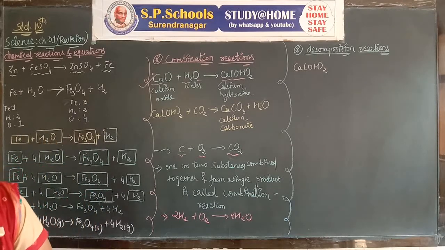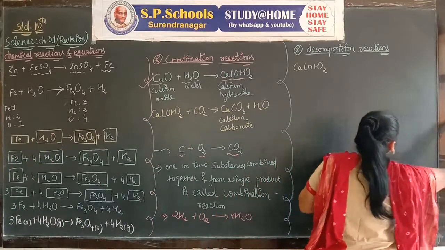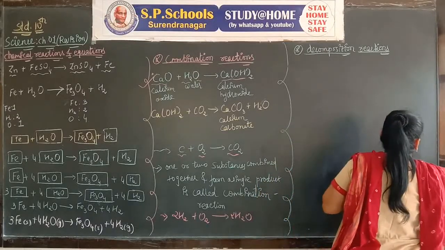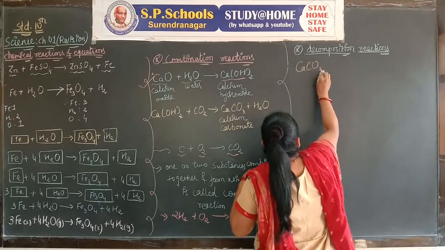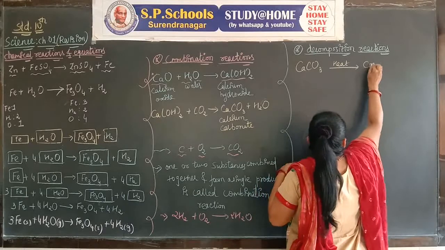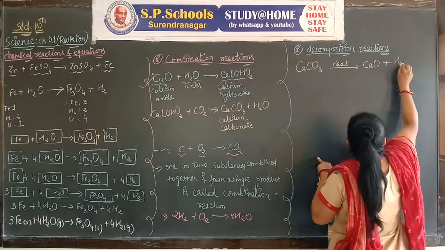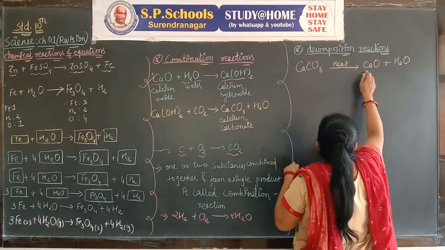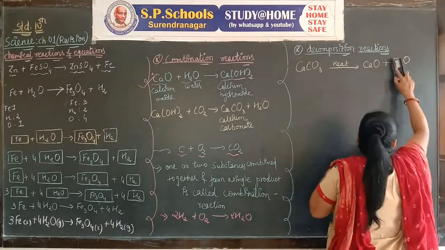When we give heat to the calcium carbonate, CaCO3, it will be converted into calcium oxide plus CO2.